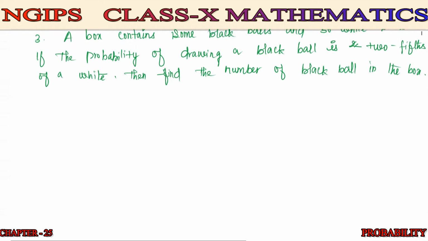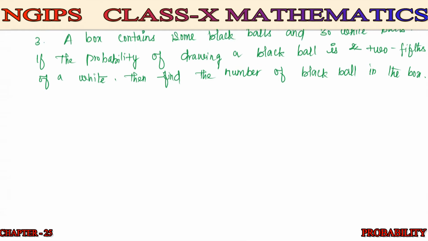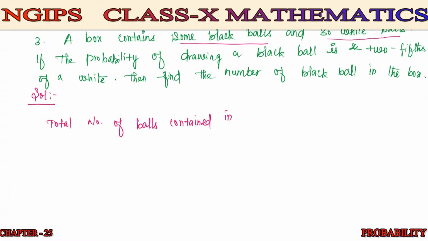So when you look at this, we have a box that contains some black balls and we have 30 white balls. Now the total number of balls contained in the box is equal to black balls plus white balls.